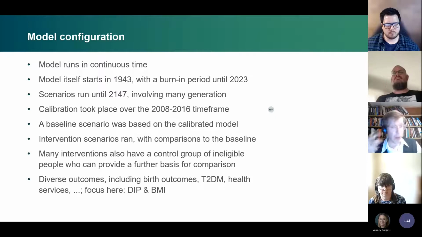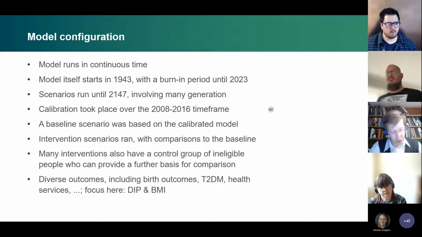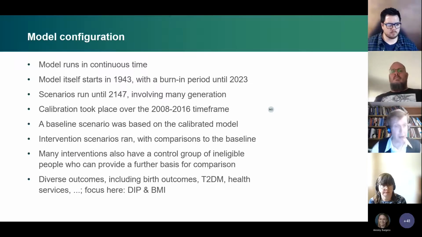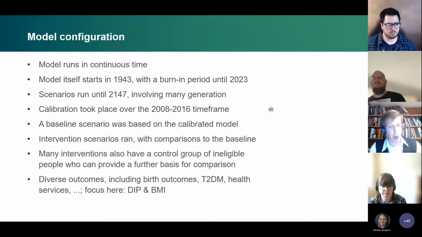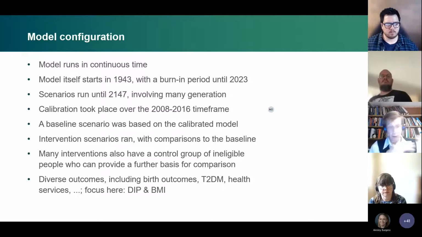And then it's run for more than 120 years, involving many generations over that time period, capturing the effects of diabetes in pregnancy from one child during one gestation to subsequent children for that same mother, to the next generation, and so on. Calibration took place against a set of data I won't have time to talk about. There's a baseline scenario based on the calibrated model you'll be seeing a lot, and then a set of intervention scenarios were run that compare with the baseline.